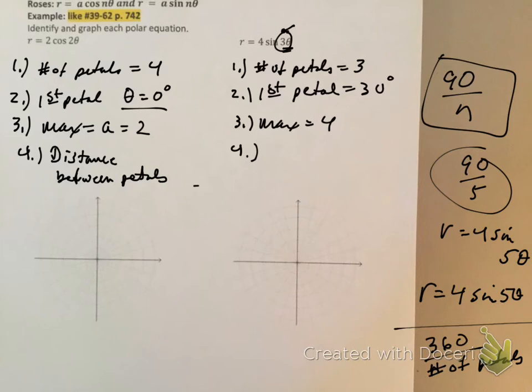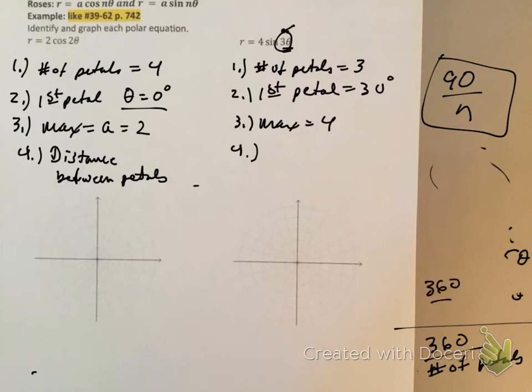And so for this example right here on the left, that means we're going to end up with 360 divided by 4, which is 90 degrees between petals.